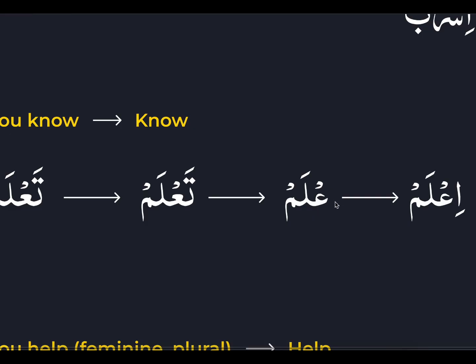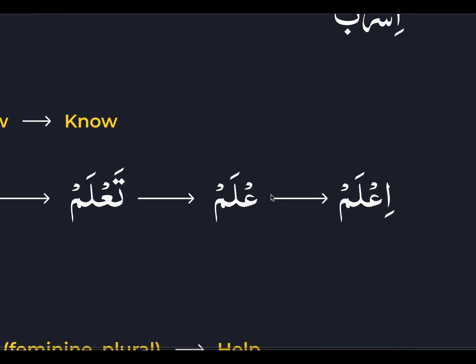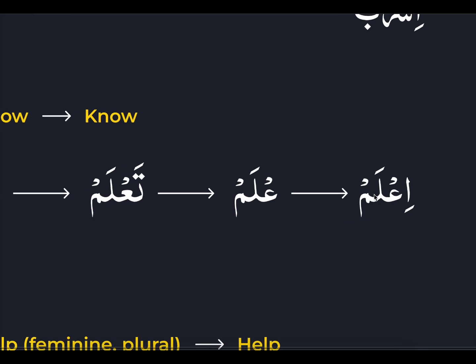After I add extra alif, I look at the second last letter. Does it have u sound? No, it does not, so the alif is going to get e sound. If it had u sound, the alif would get u sound. Otherwise, it would get e. So it becomes i'lam. I'lam means know. That's the command.